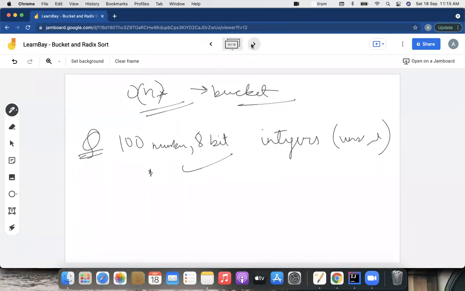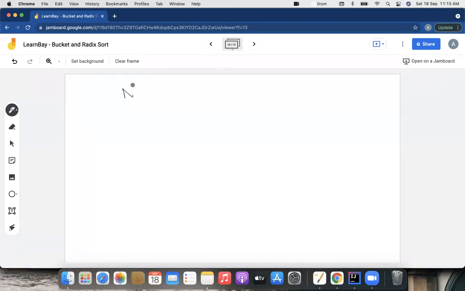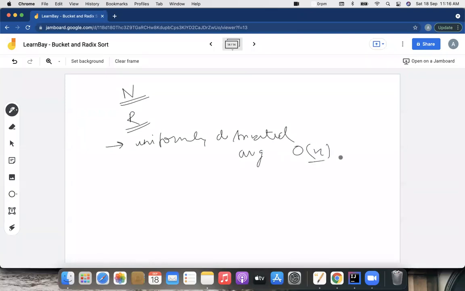So is it clear? Whenever you have the number of elements that you want to sort, the range of the elements you want to sort, and that they are uniformly distributed, which is by default if it is not given, then in the average case your time complexity of bucket sort will always be order of n, because the numbers are generally uniformly distributed, right?